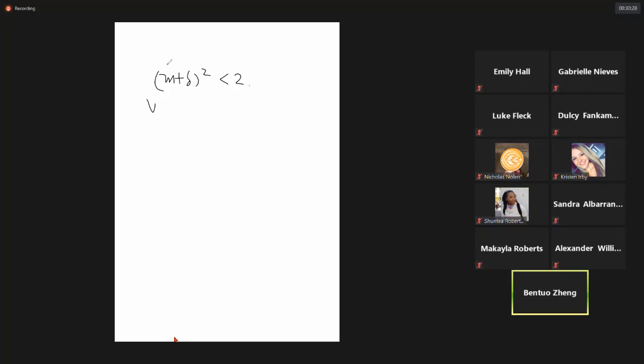Okay, now for any x in S, we know that x is greater than 0 and x squared is greater than or equal to 2. So let's look at x minus m plus delta, and multiply this quantity by a positive number, x plus m plus delta.